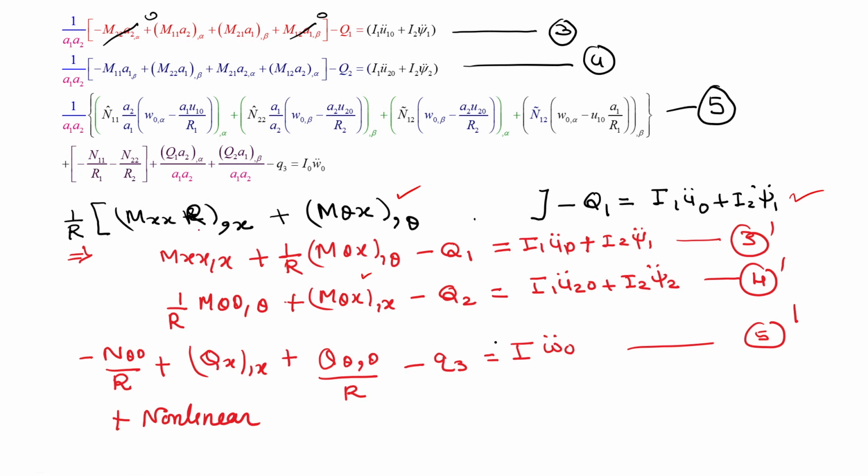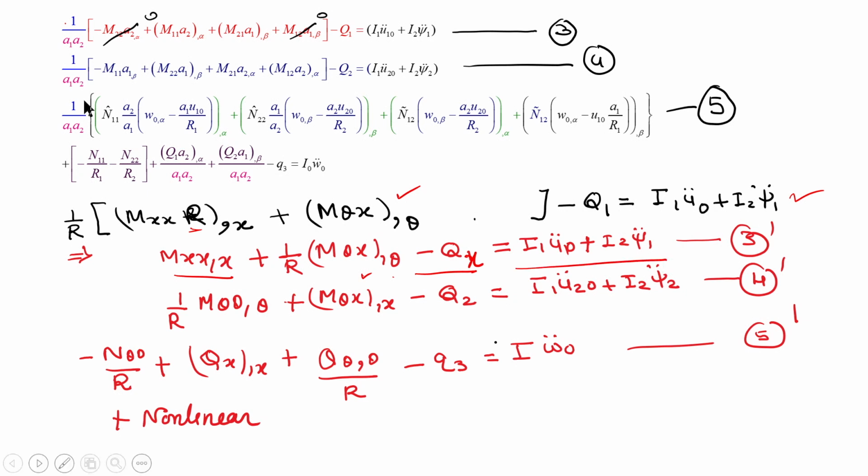So, here you see that r is not a function of x. So, you can take common out. So, ultimately it will get cancelled out from the outside and it will contain 1 by r mx theta comma theta minus q1, or you may say that qx equal to this much.